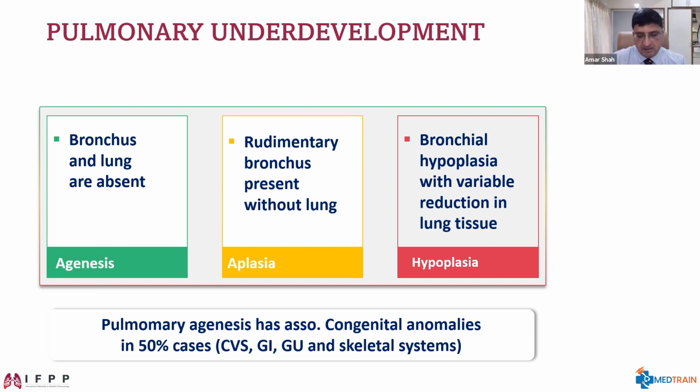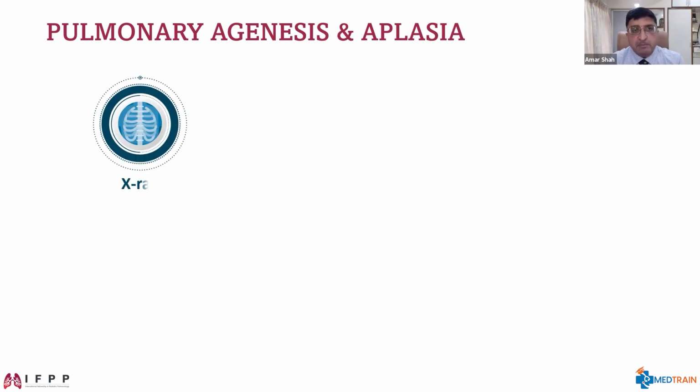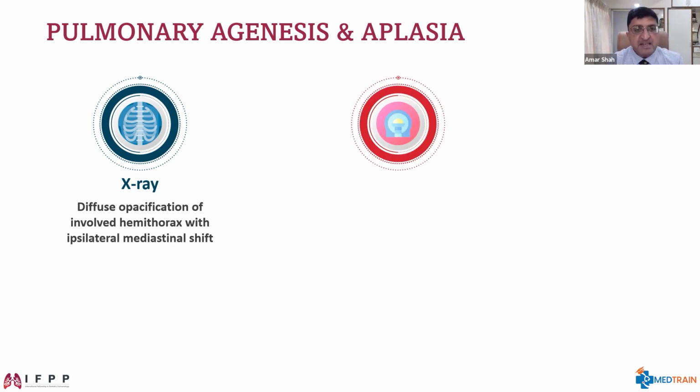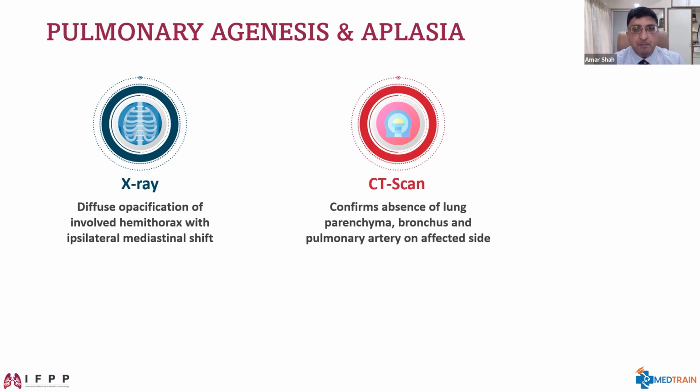and skeletal systems. An X-ray helps to diagnose pulmonary agenesis or aplasia. X-ray shows a diffuse opacification of the involved hemithorax with ipsilateral mediastinal shift. A CT scan confirms the absence of the lung parenchyma, bronchus, and the pulmonary artery on the affected side.